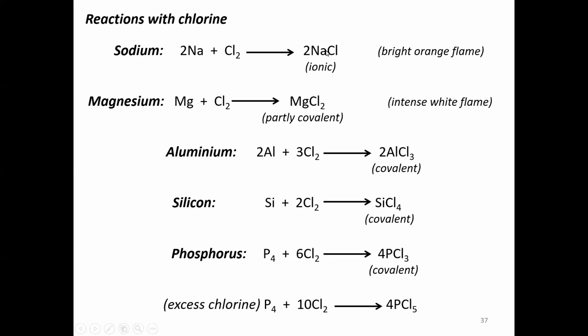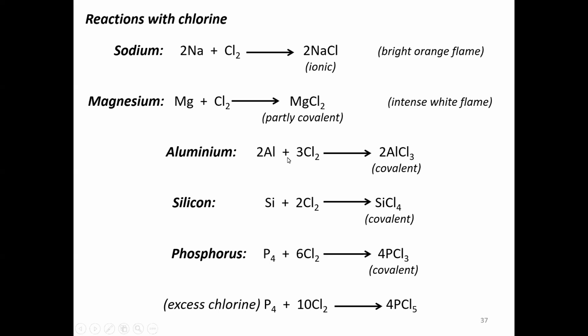And due to the difference in electronegativity also, we expect it to be ionic. Your magnesium, forming magnesium chloride, is partly covalent. As I told you, covalency increases across the period while metallic character decreases, or ionic character decreases while covalency increases.